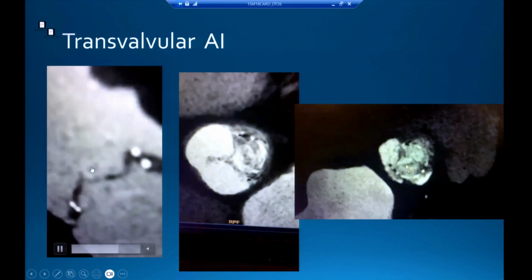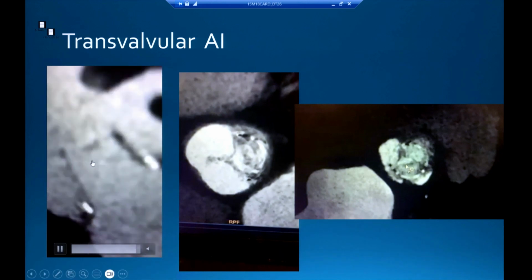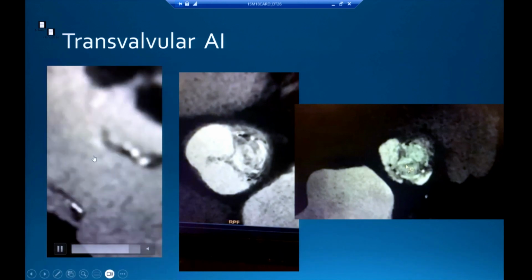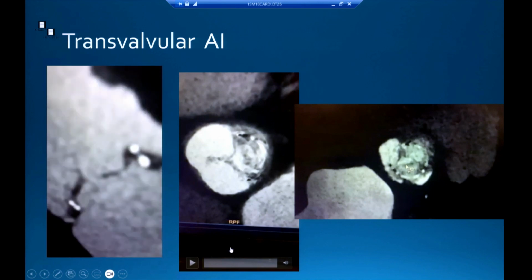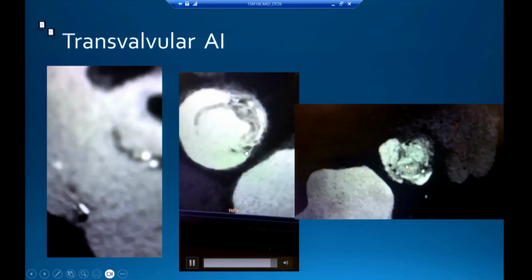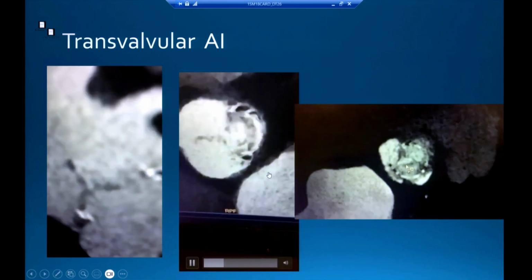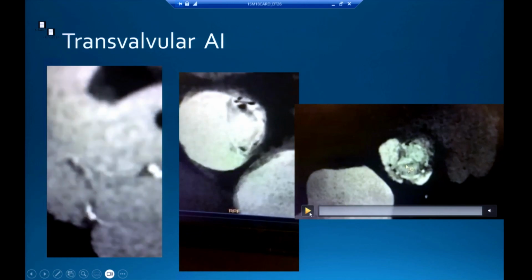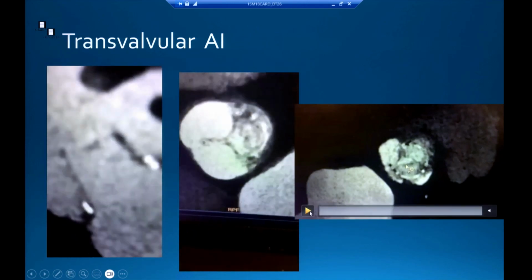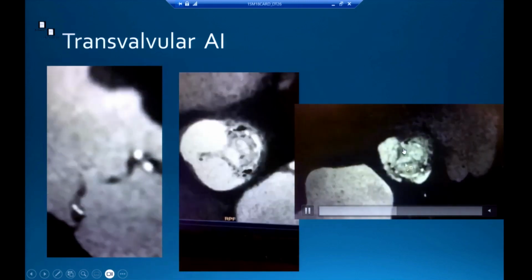You can actually see a speckle of calcium right there, and most of the time you turn the leaflet, you can see the little piece of tissue right there. With a little bit of image manipulation, you can see the depth, and you can see clearly this leaflet has restricted motion and it's essentially failed. Okay, you can see the failed part of this right here.